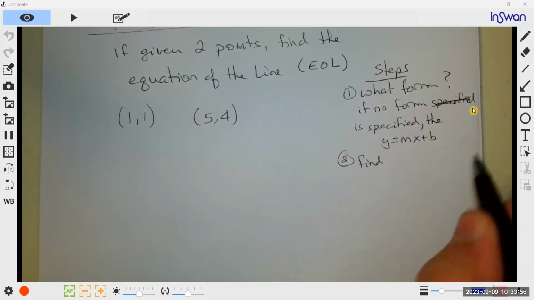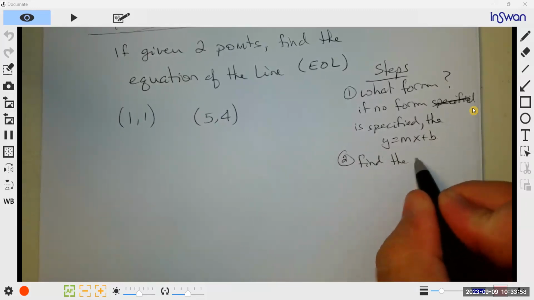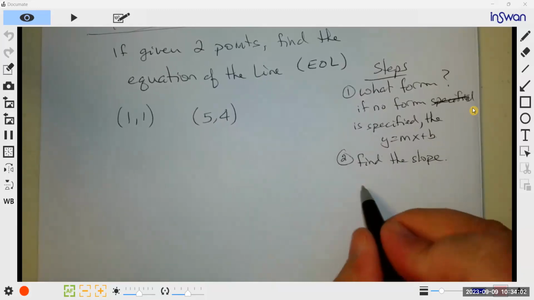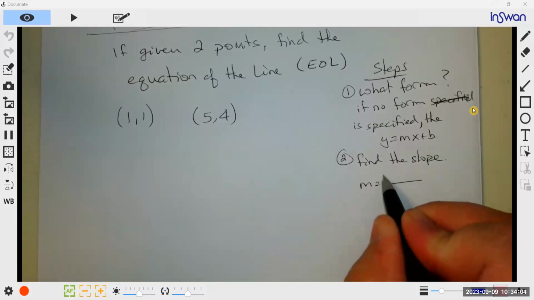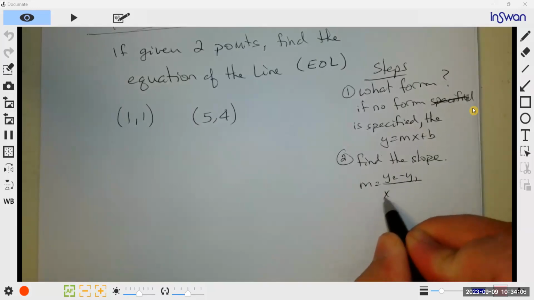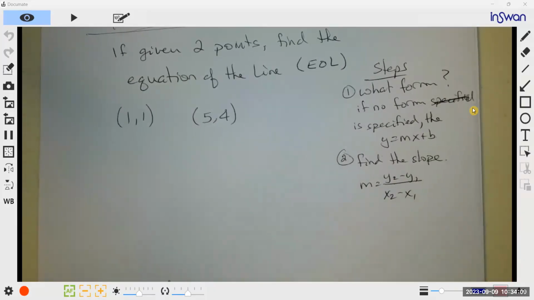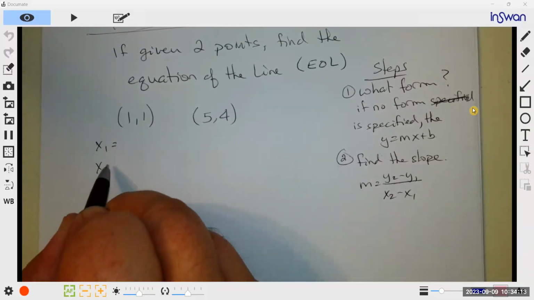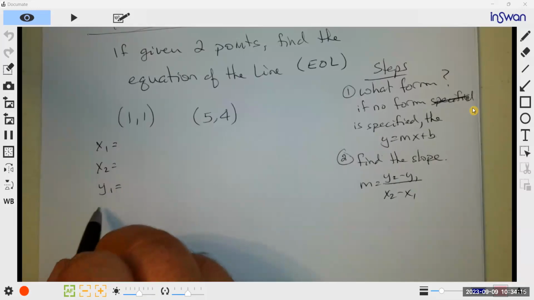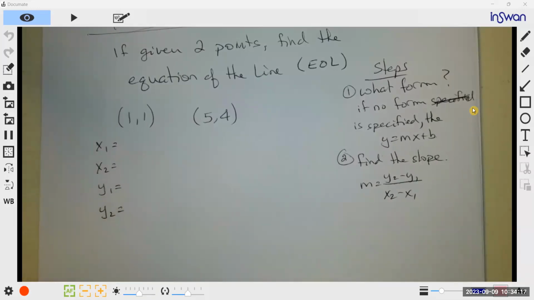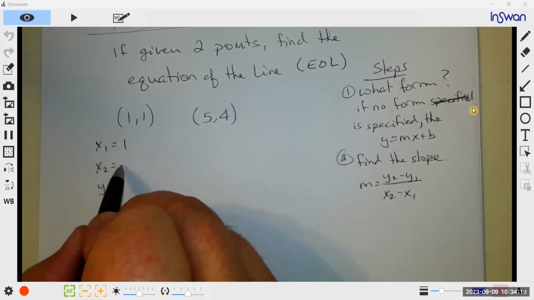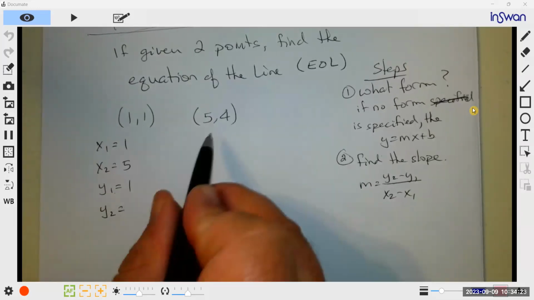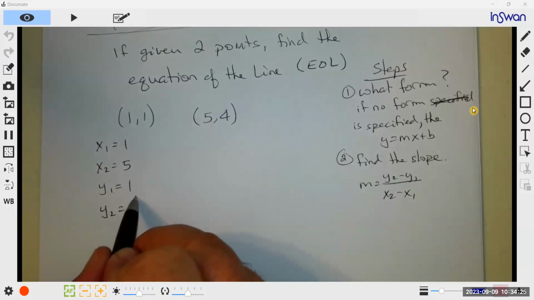First thing you have to do, we have to find the slope. y2 minus y1 over x2 minus x1. So x1 is 1, x2 is 5, y1 is 1, y2 is 4.